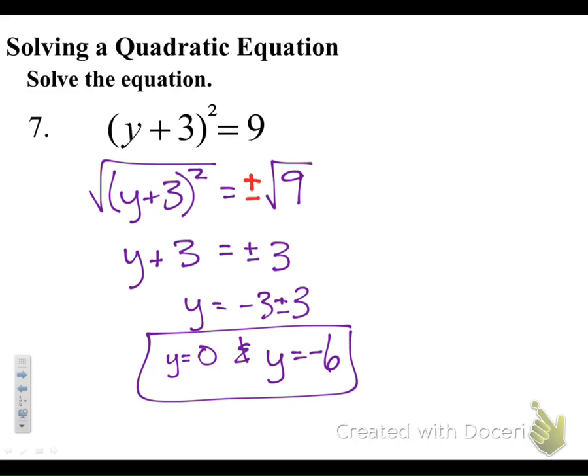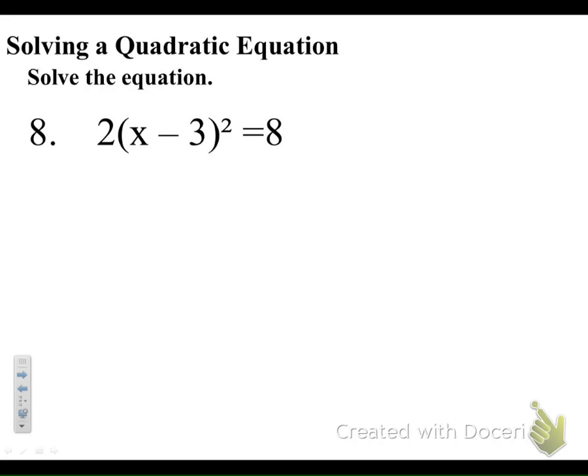Next example. We've got 2 times the quantity x minus 3 squared, and that's equal to 8. Here's an example of when this set of parentheses being squared is not by itself. It's not isolated. I actually have to get rid of this 2. So let's divide both sides by 2.